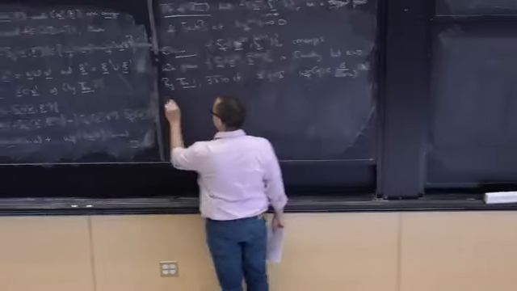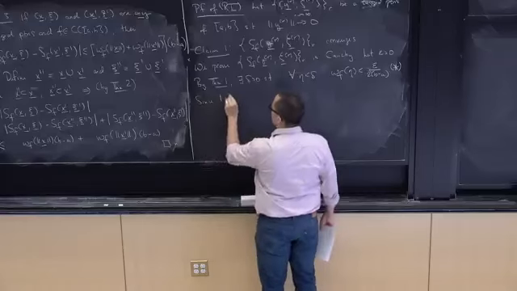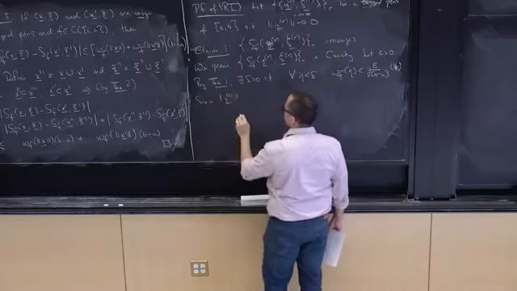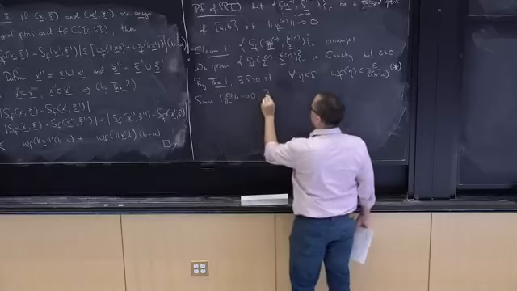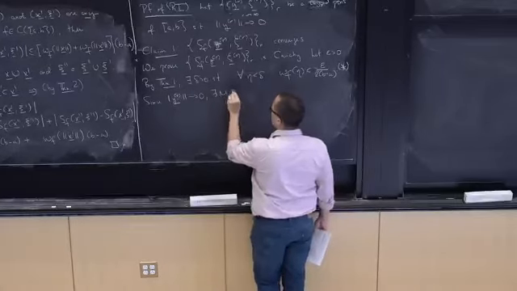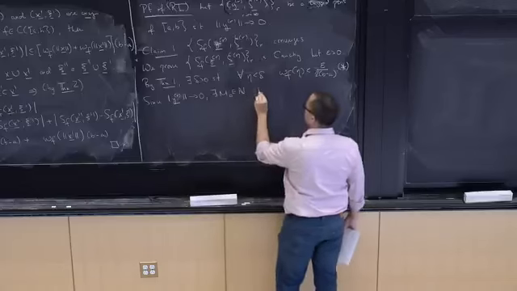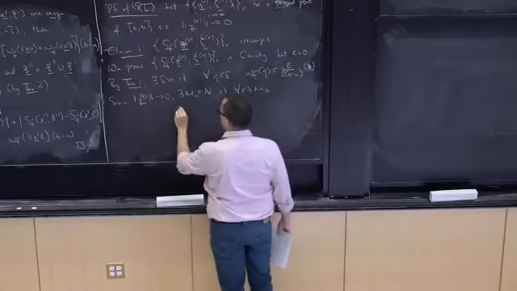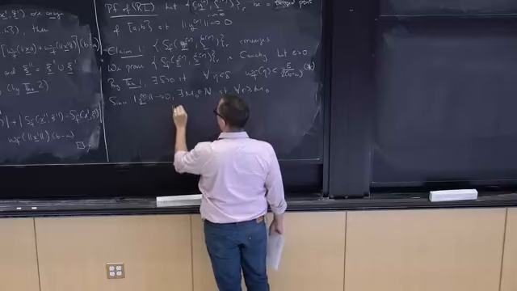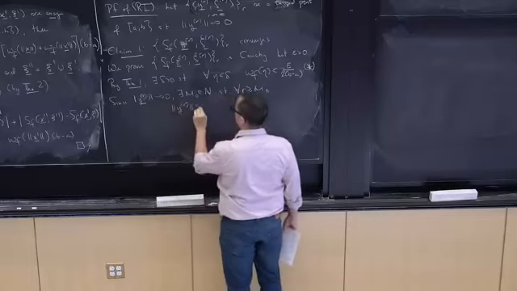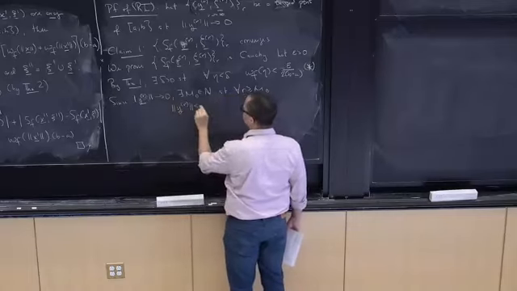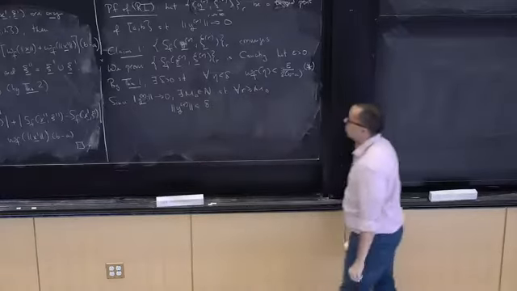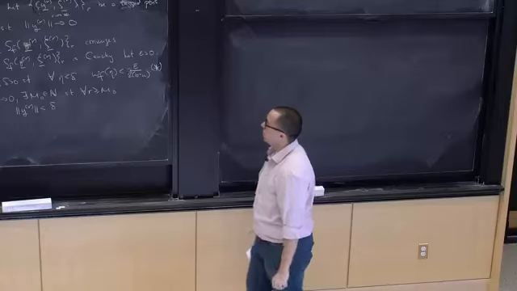Now, since the norms of these partitions are converging to 0, there exists a natural number m0 such that for all r bigger than or equal to m0, the norm is less than delta. Okay?